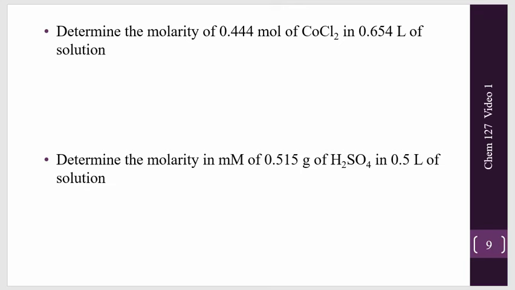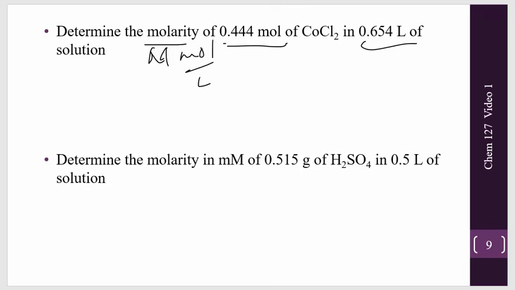First, to get used to molarity, we're given some amount of moles and a certain amount of liters. We want to determine the molarity M, which is moles over liters.